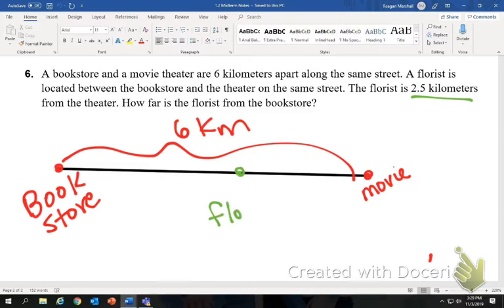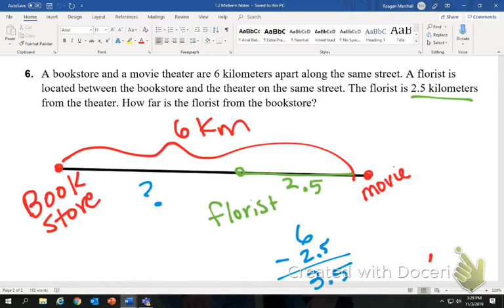So I'm going to estimate right here. It is 2.5 away from the movie theater. So then it says, how far is the florist from the bookstore? So again, here we would subtract 6 minus 2.5, which would be 3.5 kilometers.